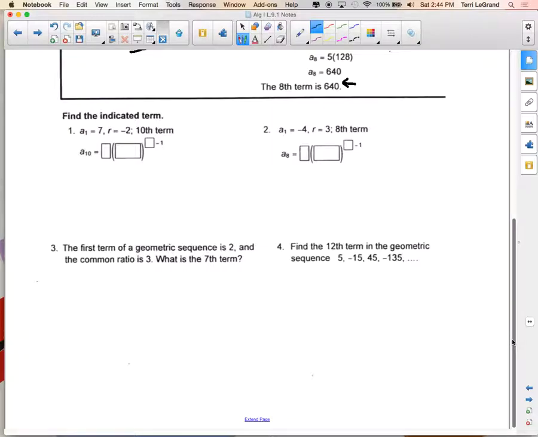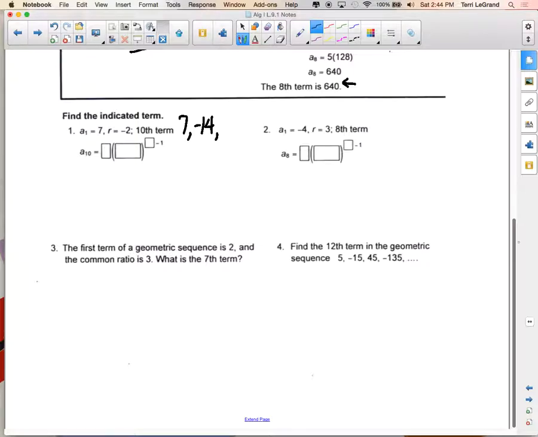So number 1, they're telling us a sub 1 is 7. So they're really telling us right now the first term of the sequence is 7. The R value is negative 2, or in other words, the multiplier is negative 2. So right now I could already say, if I take 7 times negative 2, I know the second term of my geometric sequence. And I could get the third, and I could get the fourth. Using method 1, I could just keep multiplying till I have 10 of them.